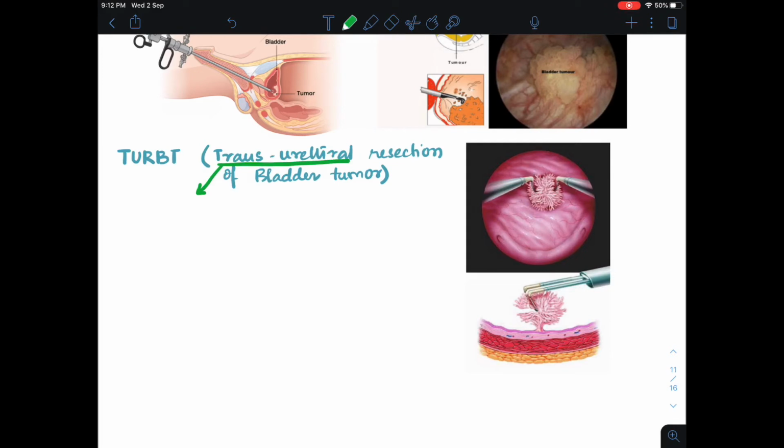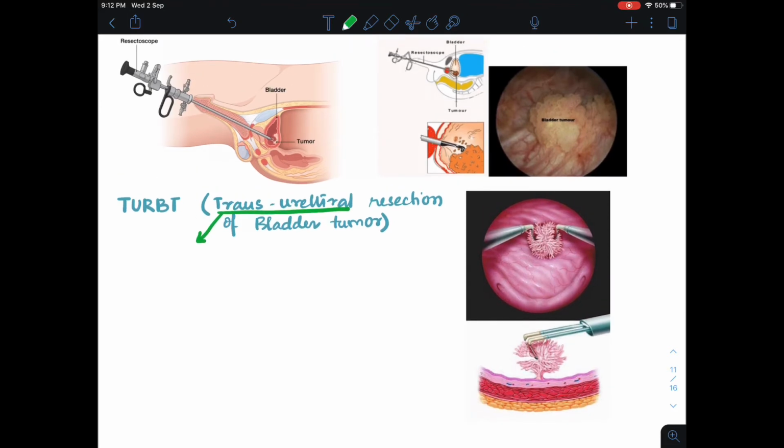That is, we don't usually go for an open surgery, because if the malignancy is of low grade, that is, it's small, the transurethral route becomes the best choice, as it has less scarring and fewer complications.